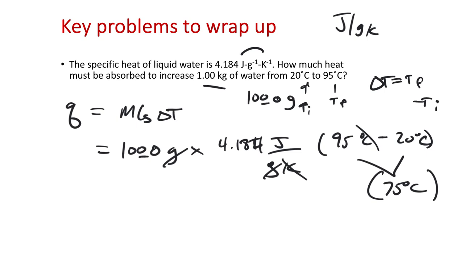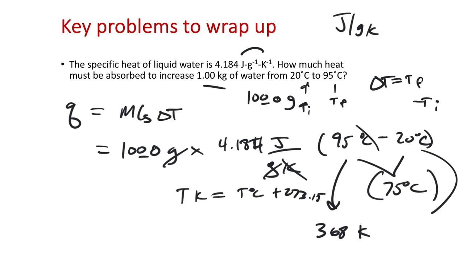And let's do that real quick just to make sure we see. So if I convert 95 to Kelvin, if you remember, the temperature in Kelvin is just the temperature in degrees C plus 273.15. And so I'm going to lose the 0.15 with the sig figs here. So if I take 95 plus 273, I get 368 Kelvin.